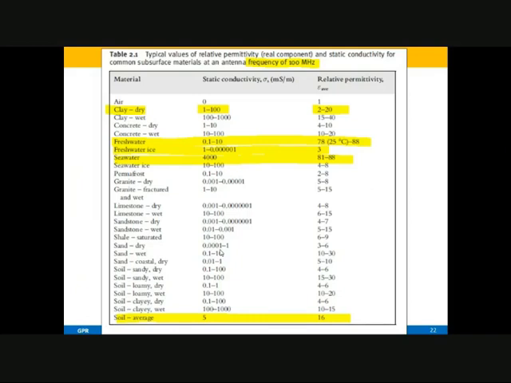Your aquifer is made up of sand. I'm considering only sand, where the lower part is wet and the upper part is dry, so there is a 10 times contrast. I'll show you in the next class how the water table appears on a radargram. It basically appears as a high amplitude reflection, and by seeing that, you can easily identify the water table.